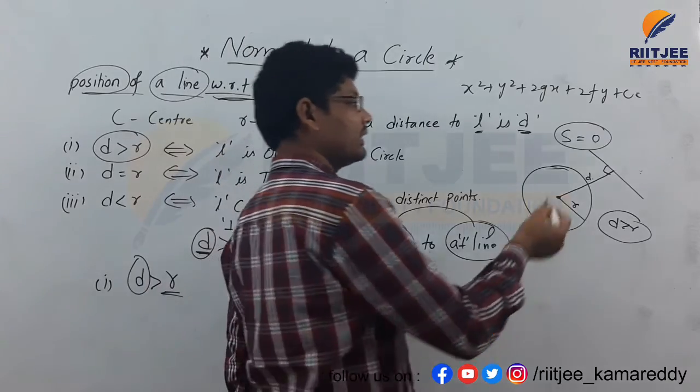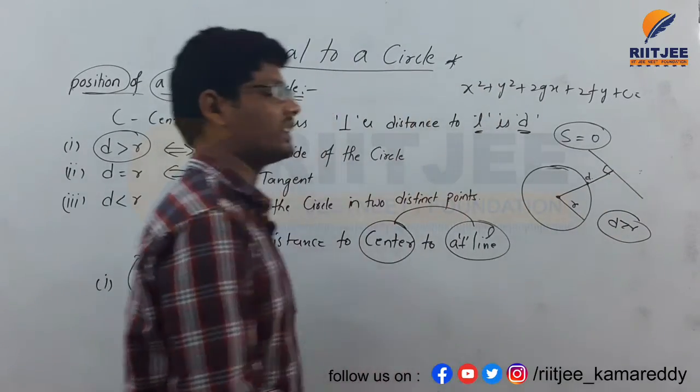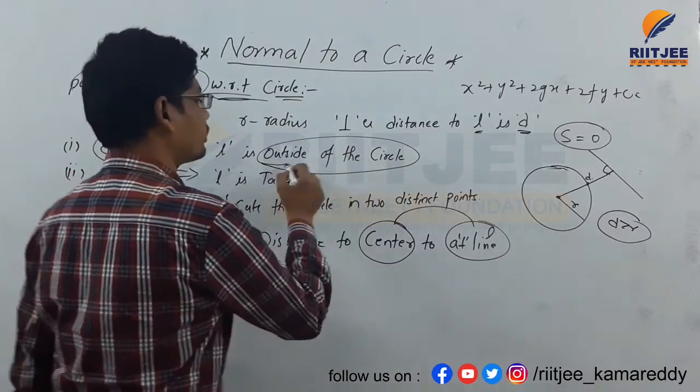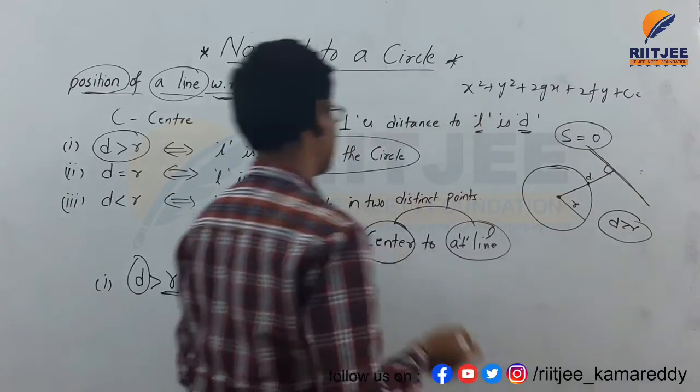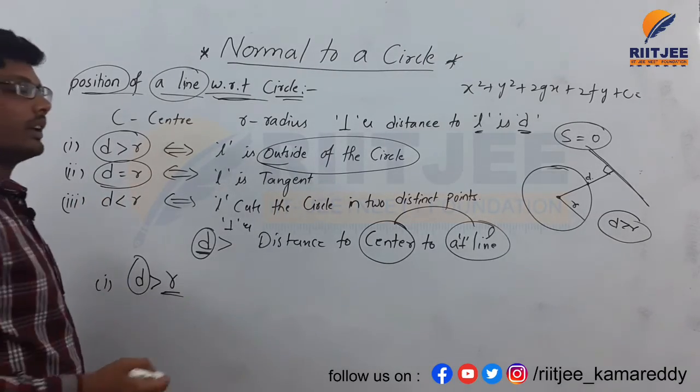A tangent is nothing but a line that touches the circle at the point of contact. So it must and should be outside of the circle. The first condition is here.